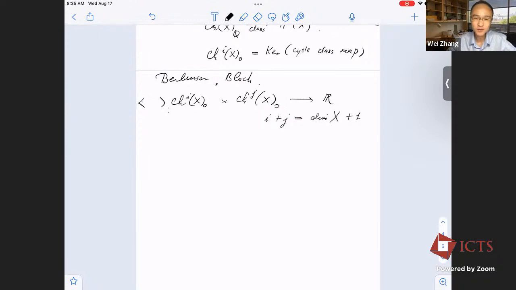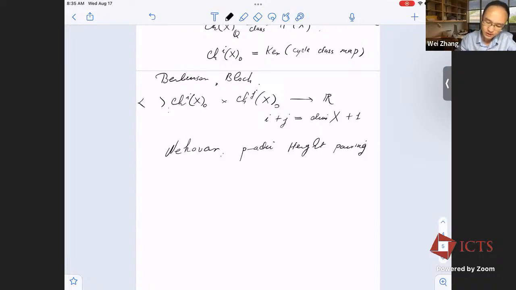So that's one reason it's actually beneficial to consider the p-adic height. Here there's a p-adic height pairing defined by Nekovar. It still requires some work to define. You have to verify, for example, the weight monodromy conjecture for the special fiber for some suitable integral model.